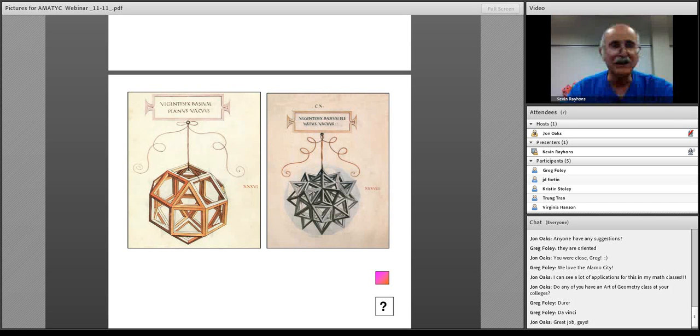But these two pictures you see here were in an article in the Scientific American about 2 years ago, and the guy who wrote the article said Leonardo da Vinci made a mistake in this drawing over here, the one with the more complicated one.